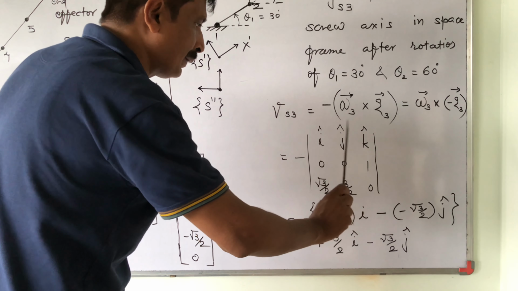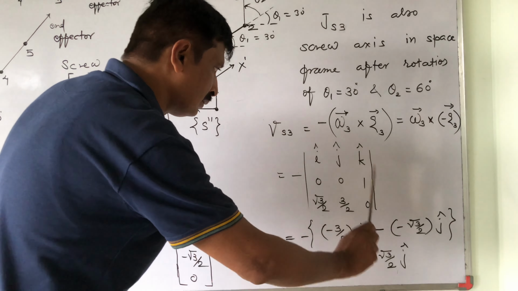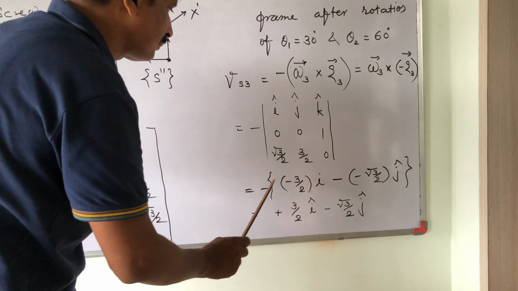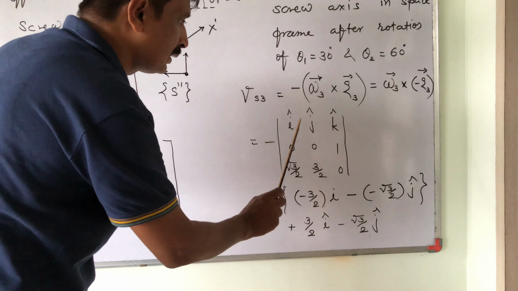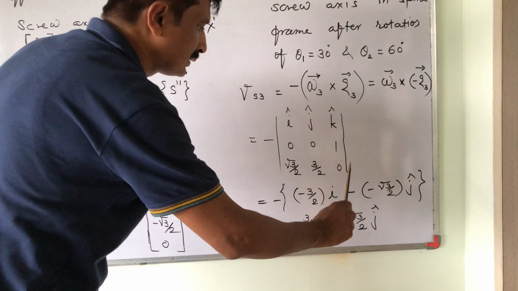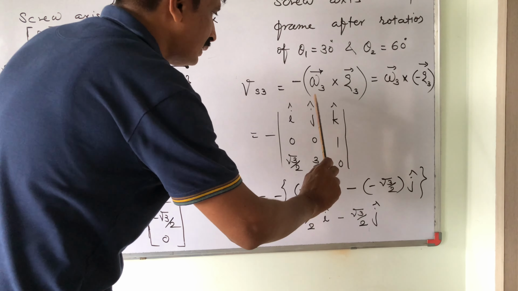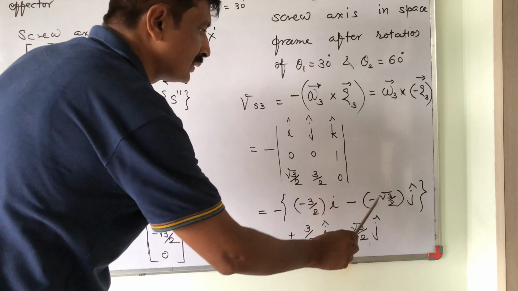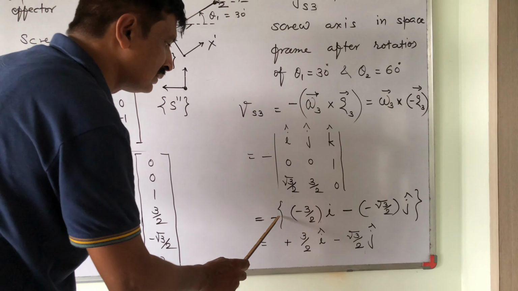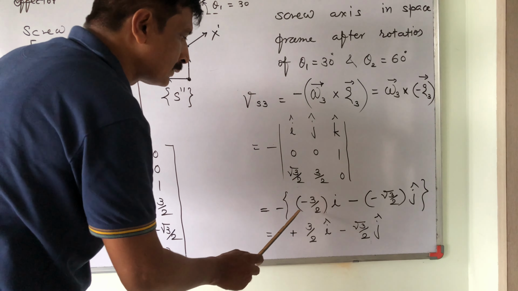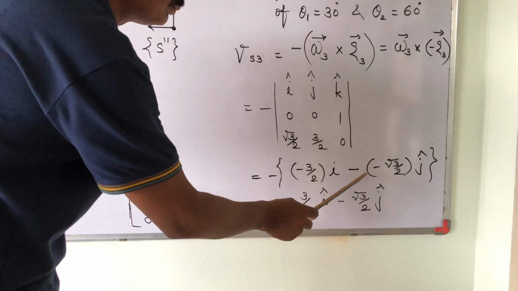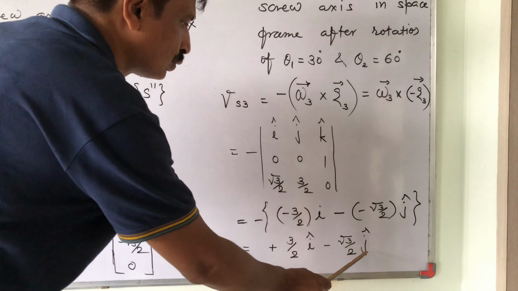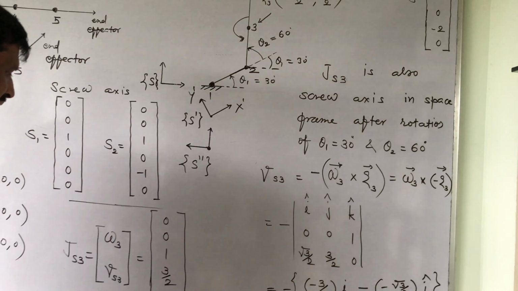If we apply the determinant, we get 0 minus 3 by 2 i, minus 0 minus root 3 by 2 j. But here the minus sign is there, so plus 3 by 2 i, and minus root 3 by 2 j. It is the Vs3.